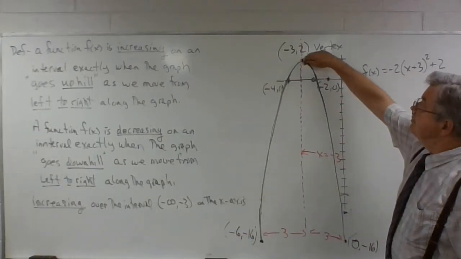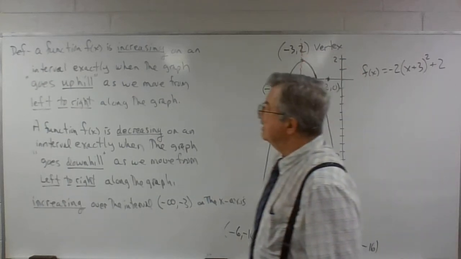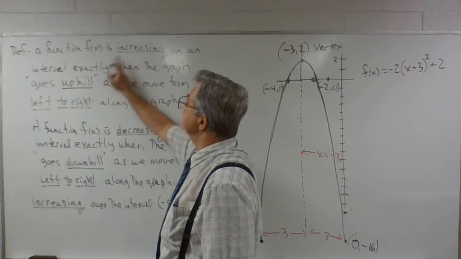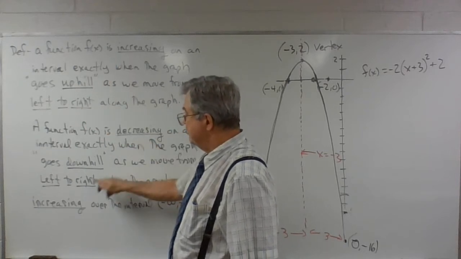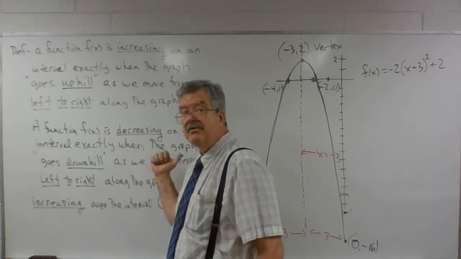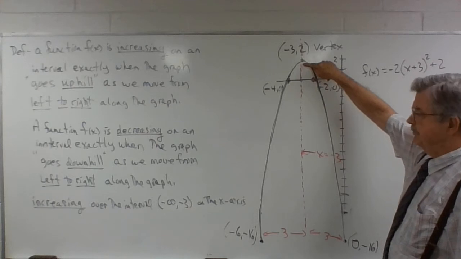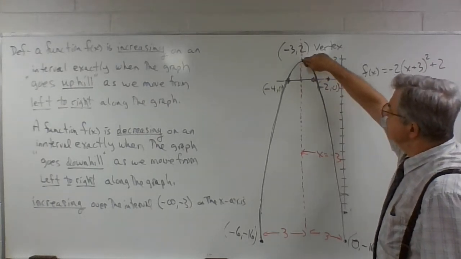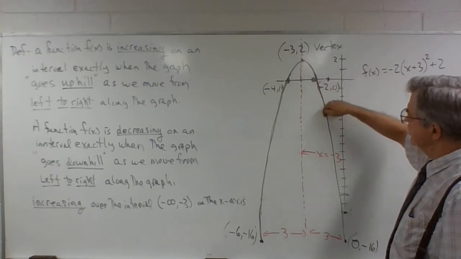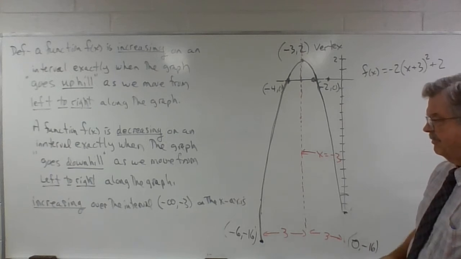Now let's start at this point and we'll continue to go left to right. Notice when the function is increasing, we go left to right. Notice when the function is decreasing, we still go left to right. So let's continue moving left to right, starting at x equal -3. And as we move from left to right along the graph, it goes downhill.